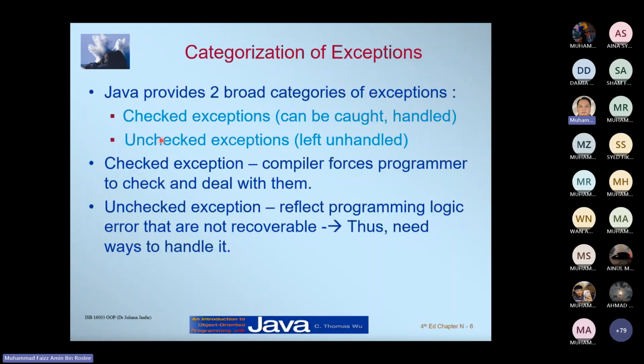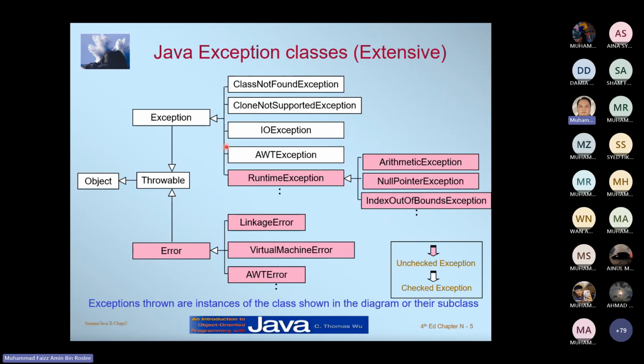So basically in Java, for the checked exception, as you can see over here, the checked ones are the white ones. So the input output exception will be thrown, for example, if your file does not exist, or the file is not opened yet, and it will throw a meaningful error, right?